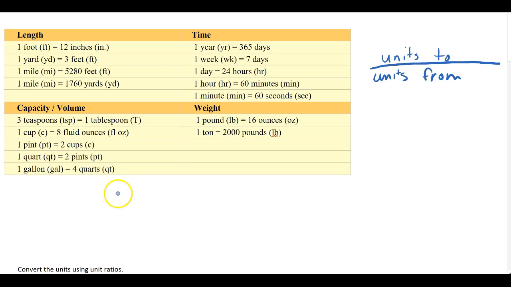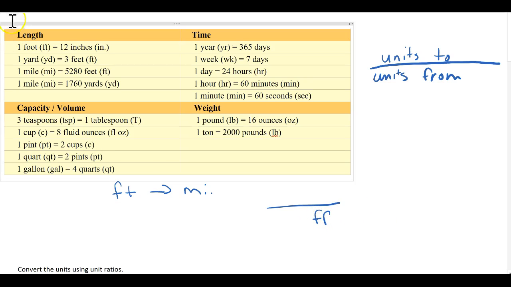So for example, if I want to go from feet to miles, since I'm starting with feet, my conversion factor is going to have feet on the bottom. Okay, so we're converting from feet to miles, and notice that up here 1 mile equals 5,280 feet.